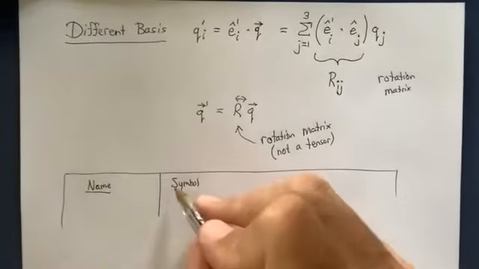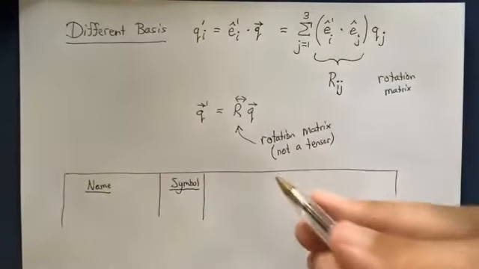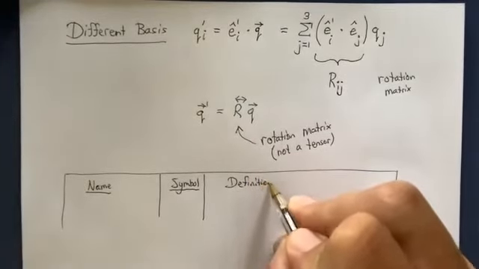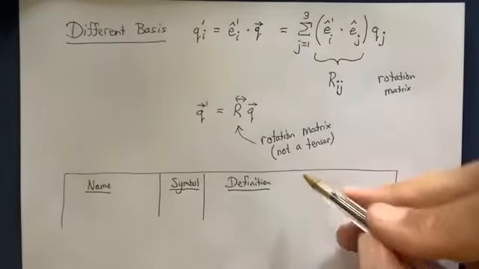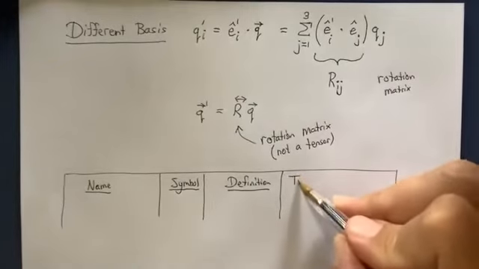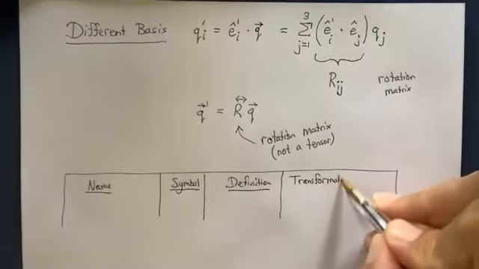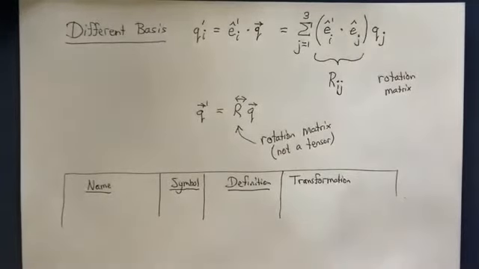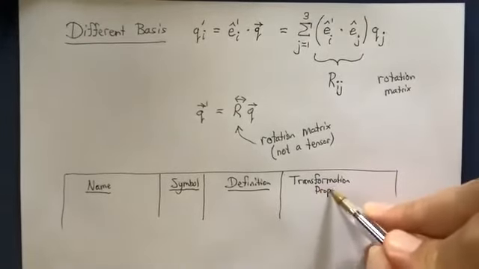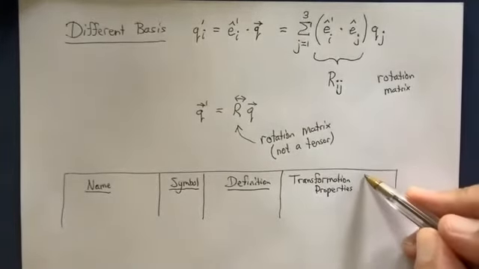That can be a fairly narrow column. Again, we have to budget our space here, so let's be careful. The definition. And the transformation properties. Okay, and then let's put the properties. I must squeeze it in, and then we'll put the rank.